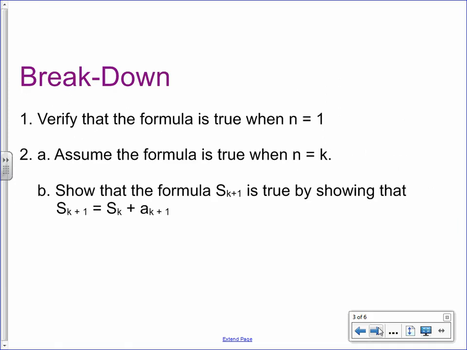It means this. First of all, you need to show that our formula is true for n is 1. So you're going to have the sum of a sequence, you're going to take your first term. Does that equal what you get when you plug 1 in for the other side of the equation?